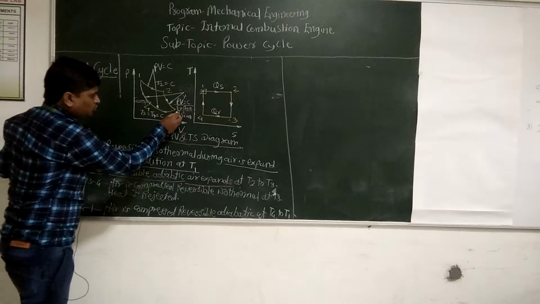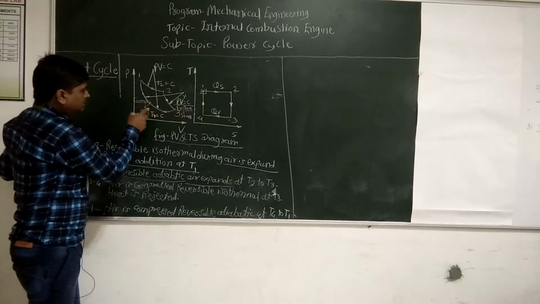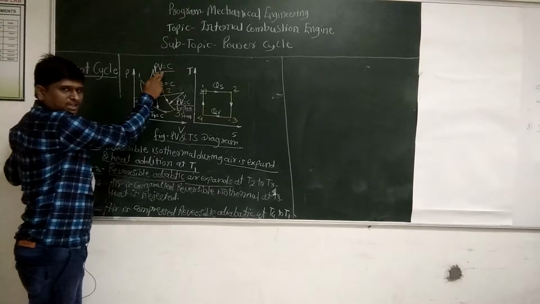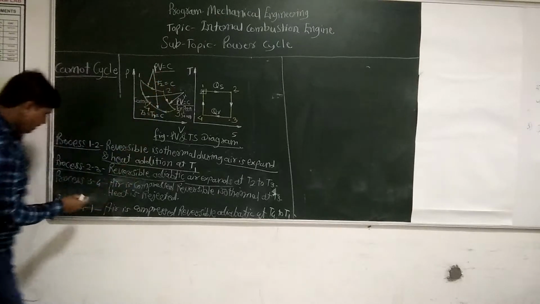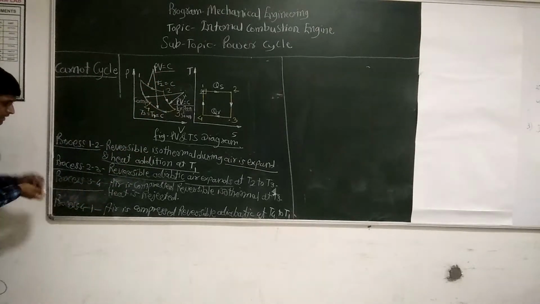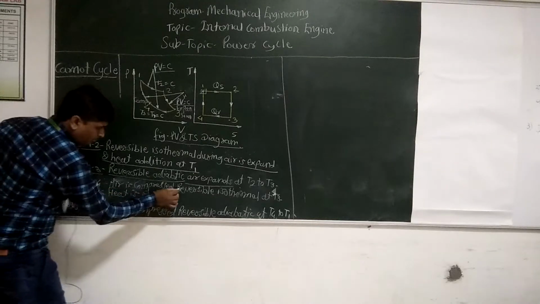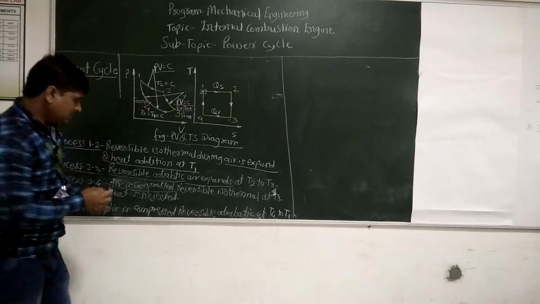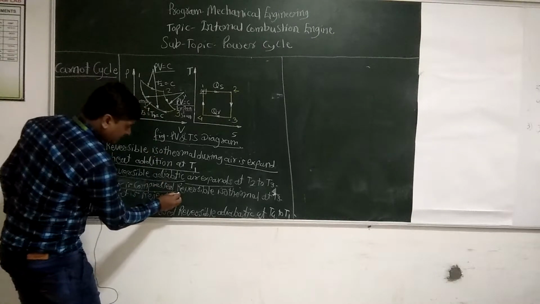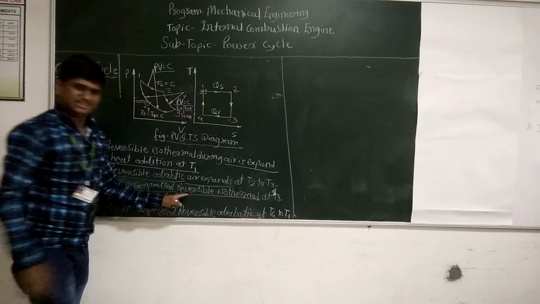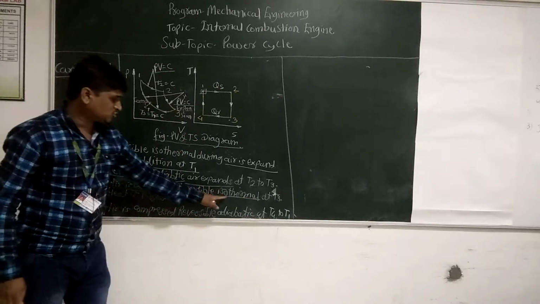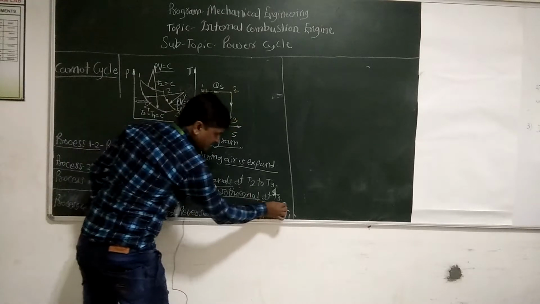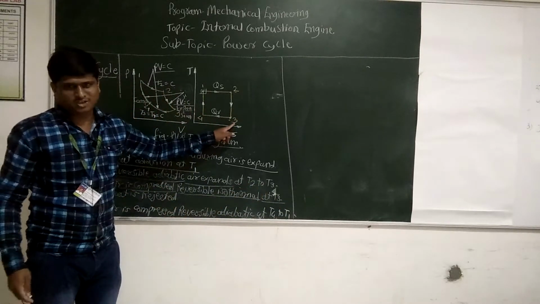Now the third process is 3 to 4. This process also shows PV equals constant. In process 3 to 4, air is compressed, and it is also a reversible isothermal process, starting at temperature T3.